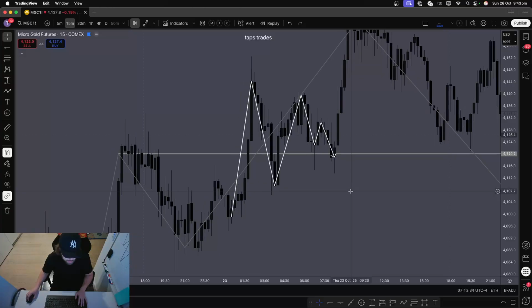But we've got to remember, right, the external structure says that we're in an uptrend. And if price isn't actually breaking this swing low, and price is now actually starting to shoot up above here, we know that there's more potential for there to be buying above this level.